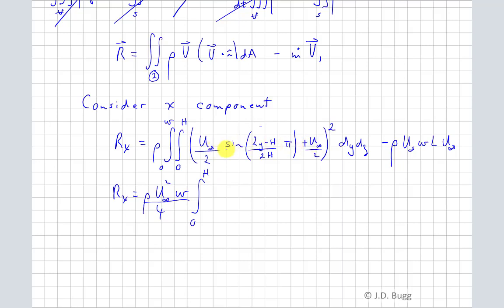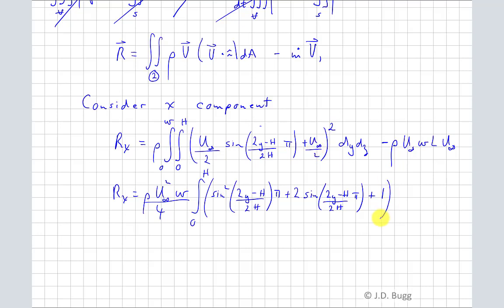So I'll multiply this out because remember this is squared. So I'm going to have a sine squared term, (2y minus h) over 2h times pi, plus 2 times a sine term, and then plus 1, because this term I've factored out the u infinity and the 2, and so that's just going to be 1.